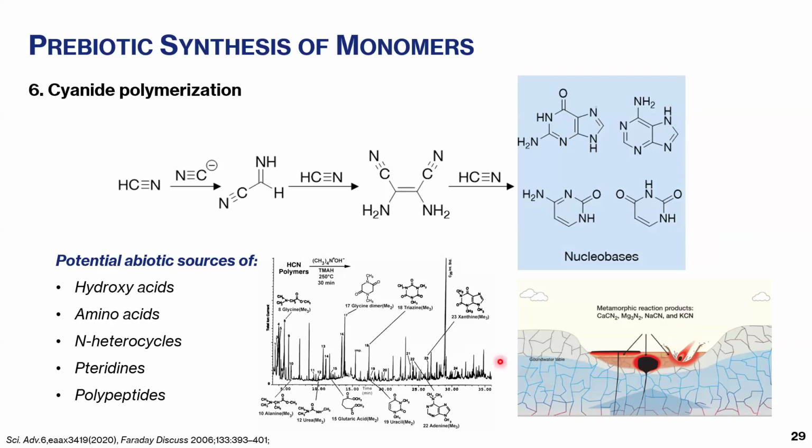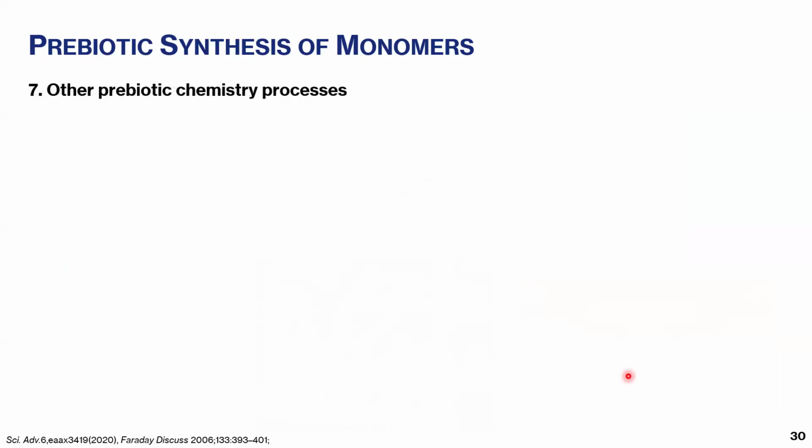Pathways by which cyanide ion may have been concentrated include freezing of dilute cyanide solution or precipitation over time when bound to dissolved metals and subsequent release. So HCN or products of HCN polymerization may have also been delivered by comets and meteorites.